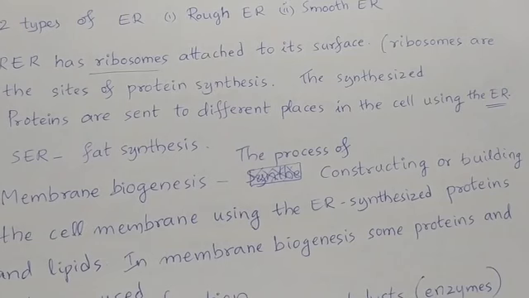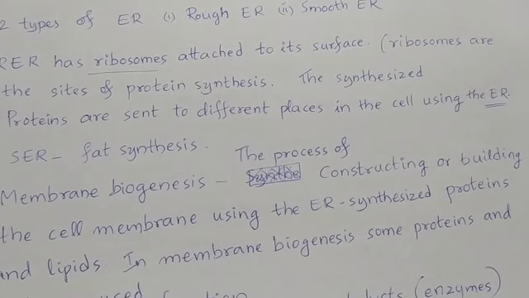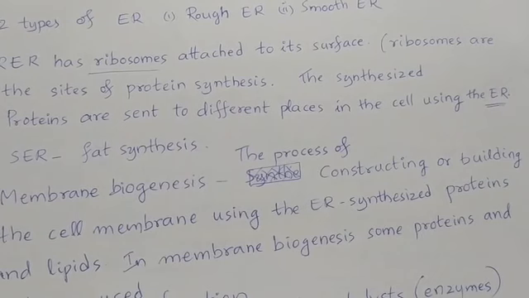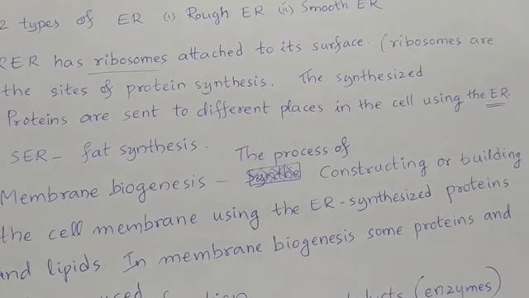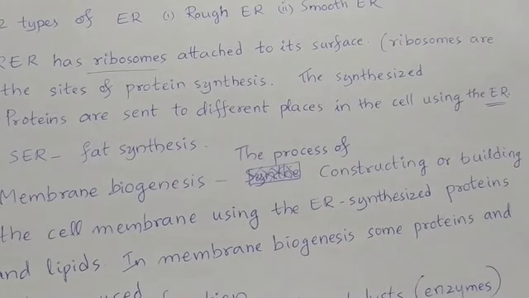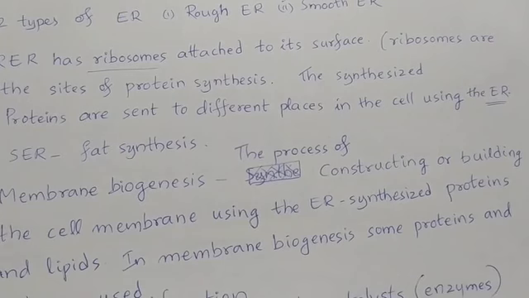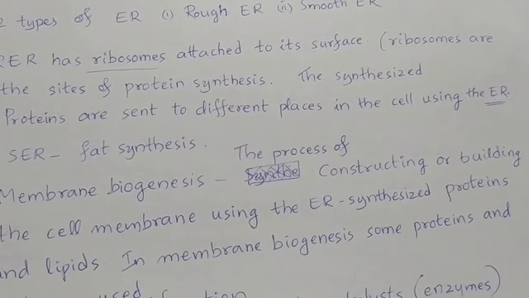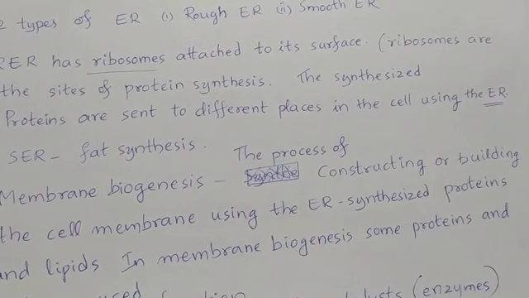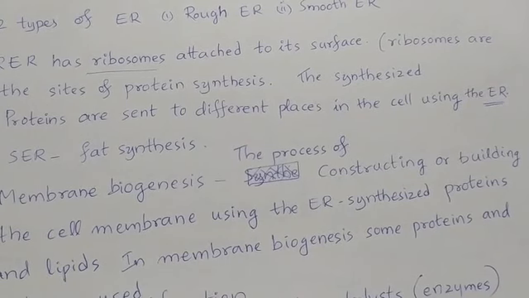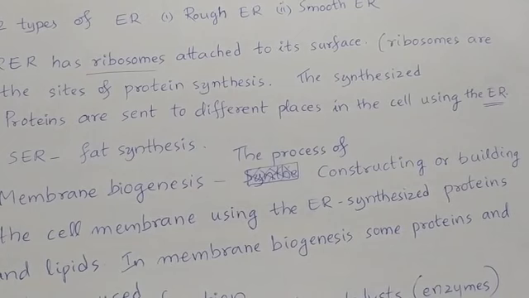So, rough endoplasmic reticulum provides the surface for protein synthesis. The synthesized proteins are sent to different targets in the cell using endoplasmic reticulum provided vesicles as transport channels.